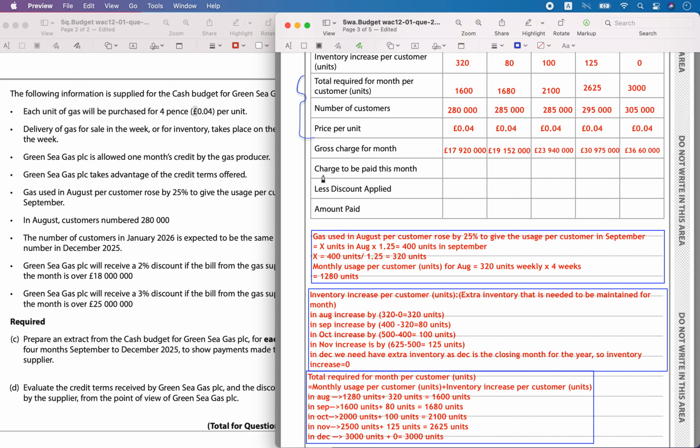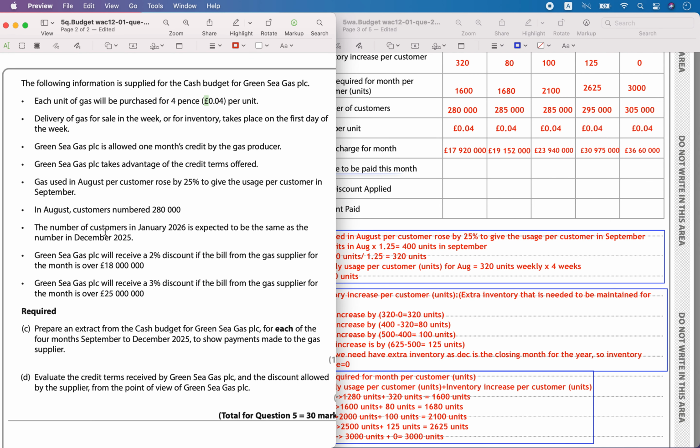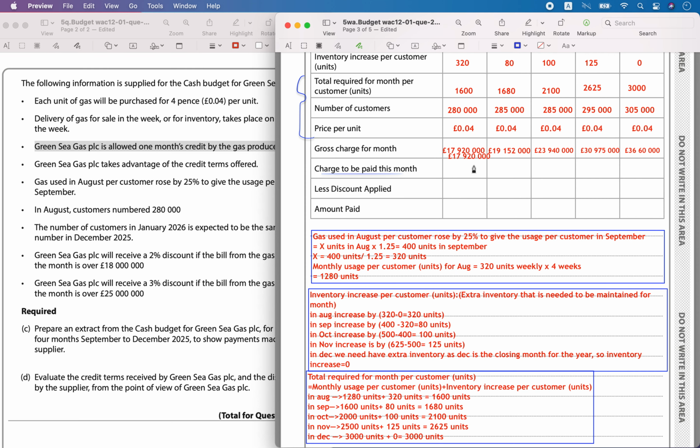Then they have a certain credit system with the agreement between the producer and the supplier. So one month's credit is also allowed. So I need not pay August 17,920,000.